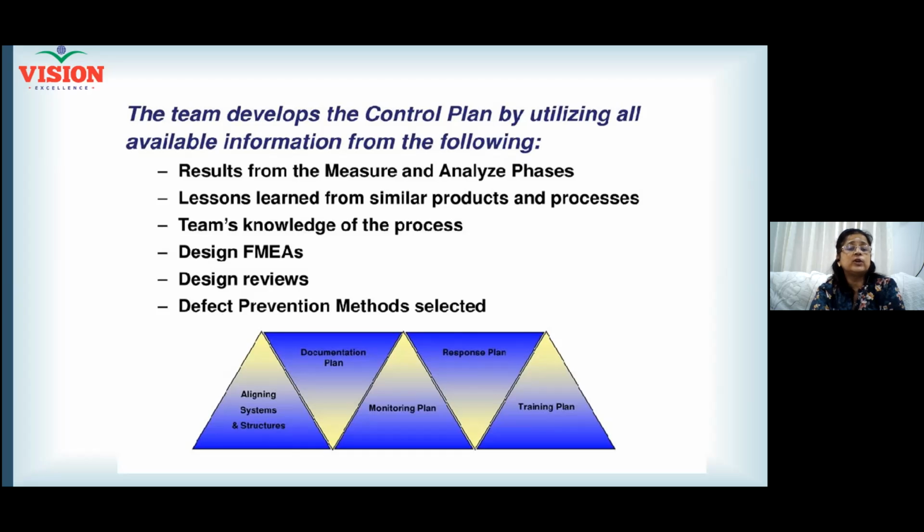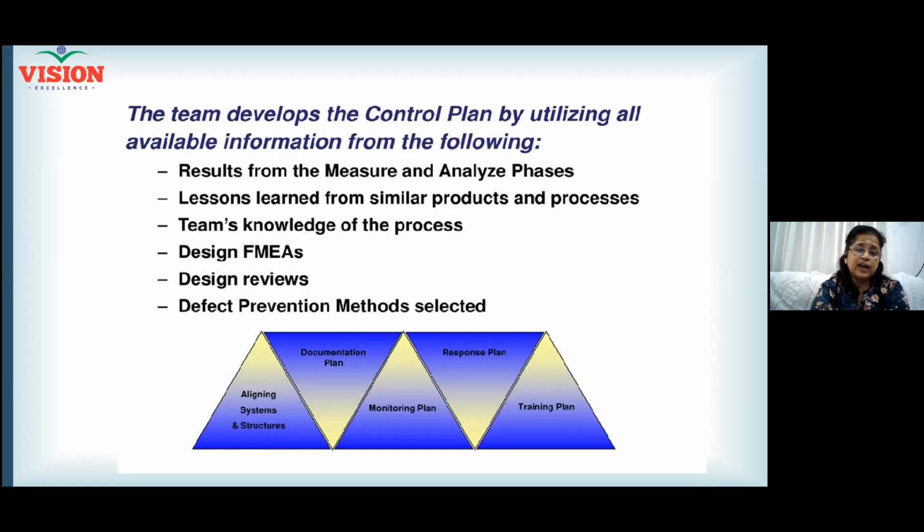And you design your FMEA so that you systematically approach risk mitigation whenever there is a failure. And how you design your reviews. Any process improvement has to be done with proper reviews. And what are the defect prevention methods selected? Poka-yoke, that is mistake proofing. Mistake proofing, whether that is being perfectly done through checklists.